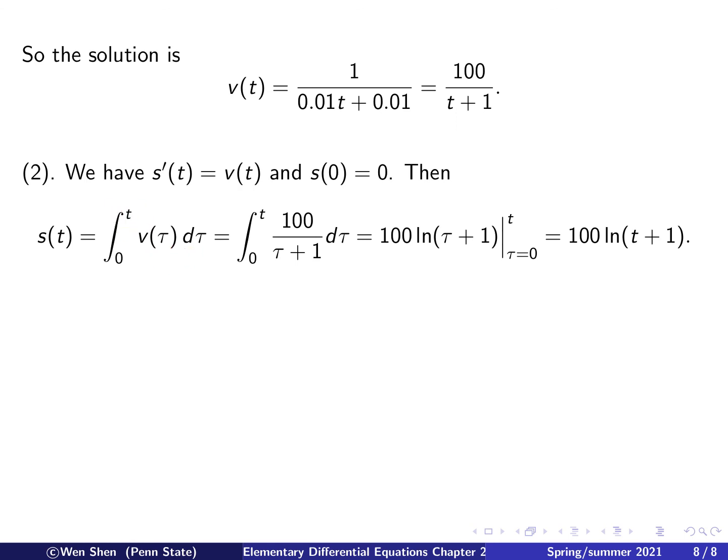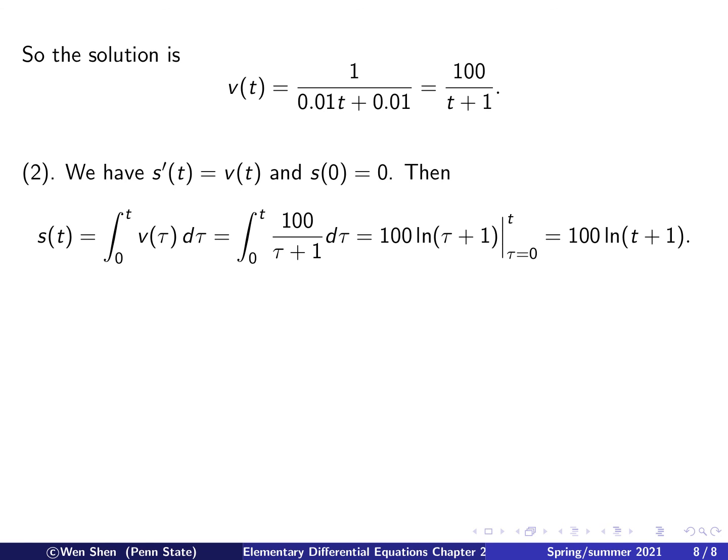Plug in the expression for v, which we got here, and then we integrate this, which gives me 100 times the natural log of tau plus 1, where tau goes from 0 to t. We see that when tau is 0, ln of 1 is 0, so we just get the value where tau is t, so that's the solution.